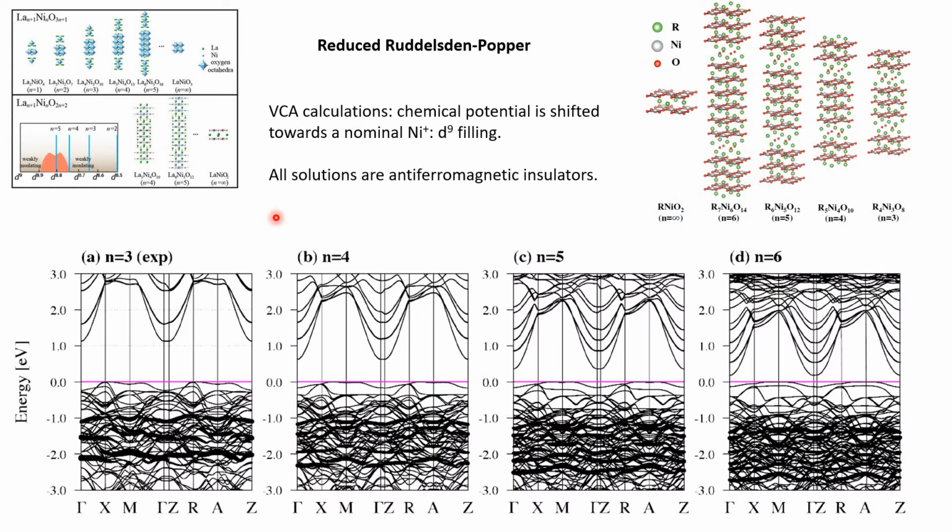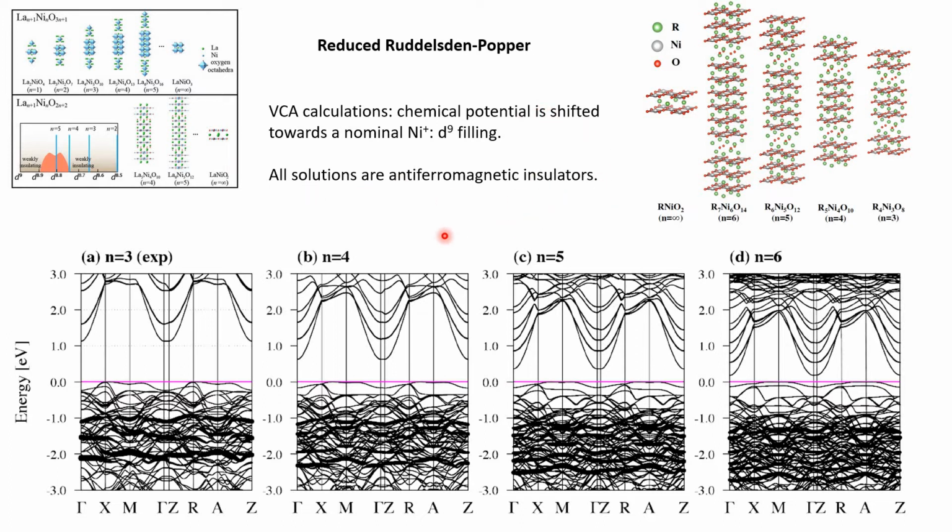So if we do virtual crystal approximation calculations with this reduced Ruddlesden-Popper system, so that all of them are nominally at nickel 1+ d9 filling, this is done by shifting the position of the chemical potential, all of them are antiferromagnetic insulators.